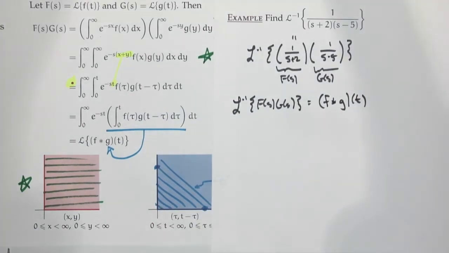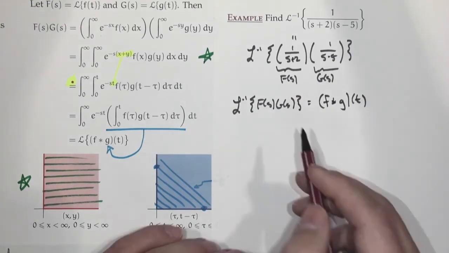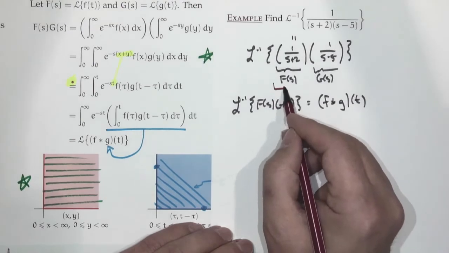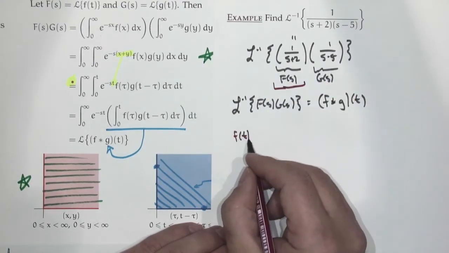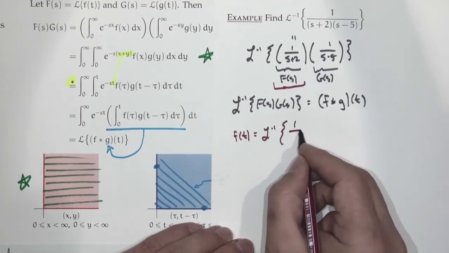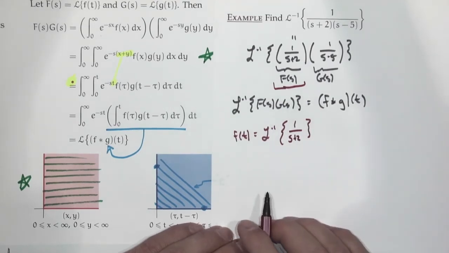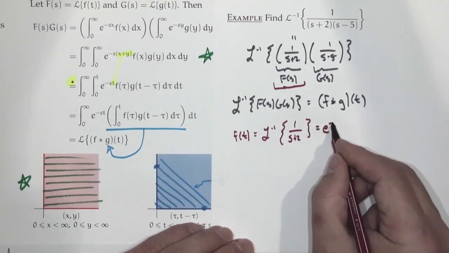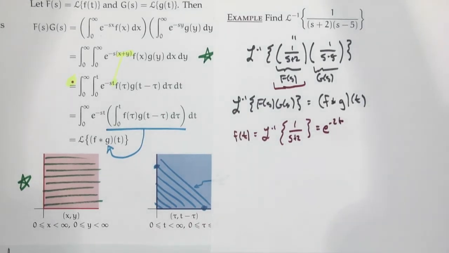So we have to start thinking about what's true. So let's start with f. If I'm looking at f, I'm looking at this piece here. What is f of t? The inverse Laplace of 1 over s plus 2. What does that become? E to the negative 2t. All right. And what is our g of t?